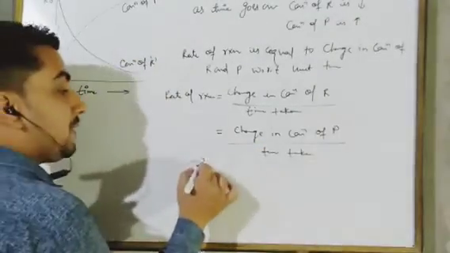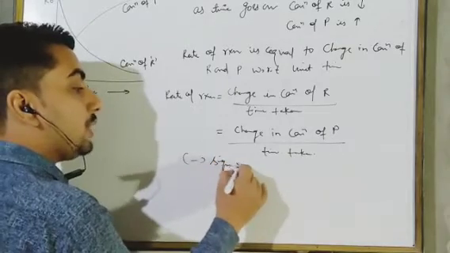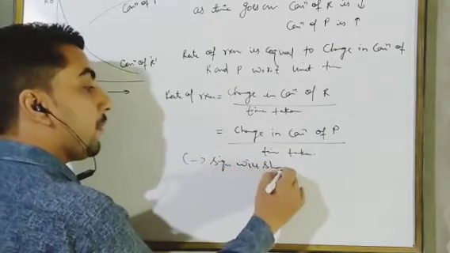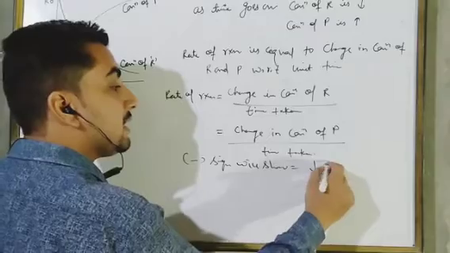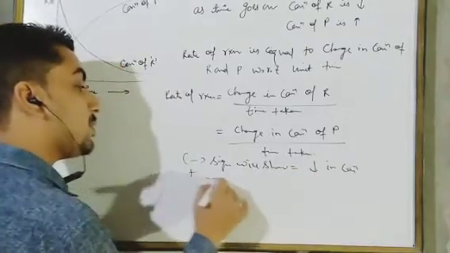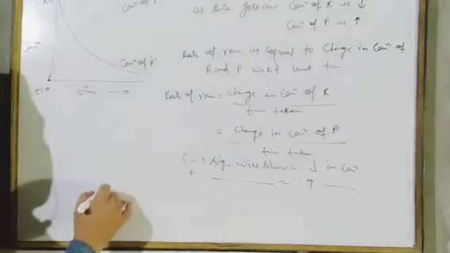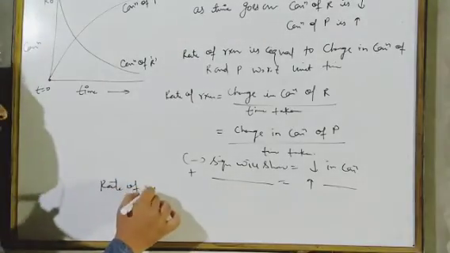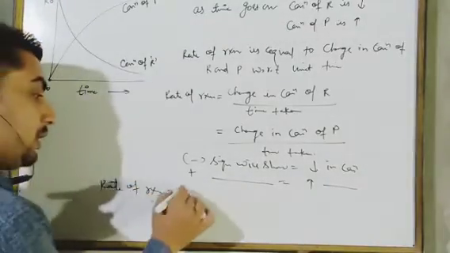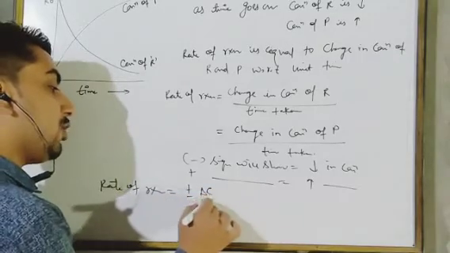Here the negative sign shows a decrement in concentration and the positive sign shows an increment in concentration. So rate of reaction is equal to plus minus delta C over delta T.